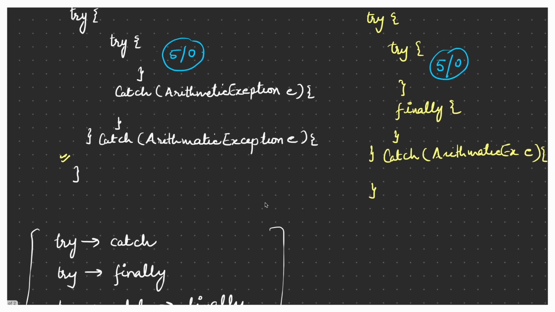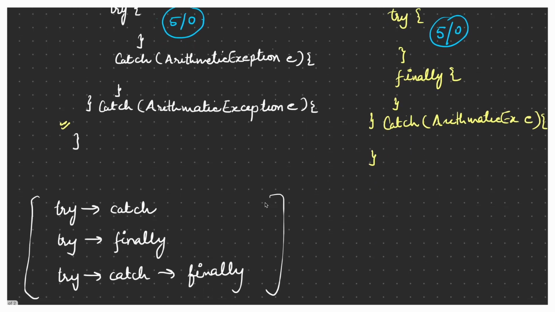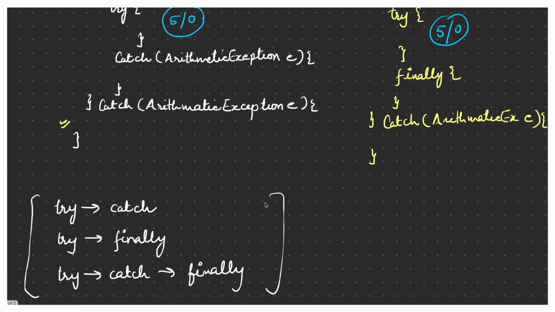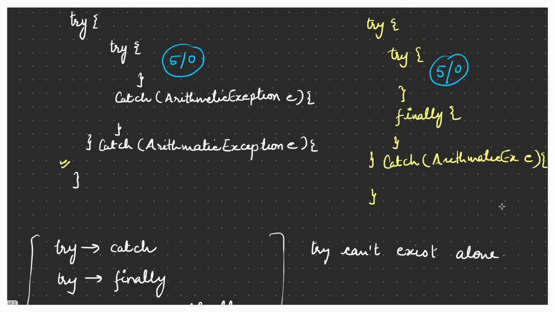I hope you understood. If there is a try block, either we should have a catch block or a finally block, or we can have both. But try cannot exist alone.